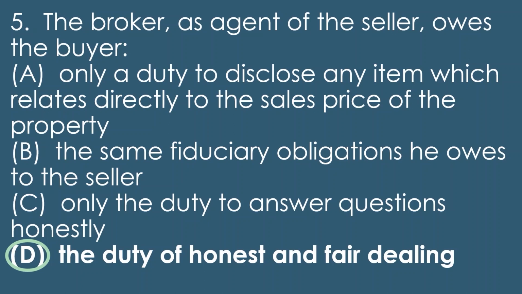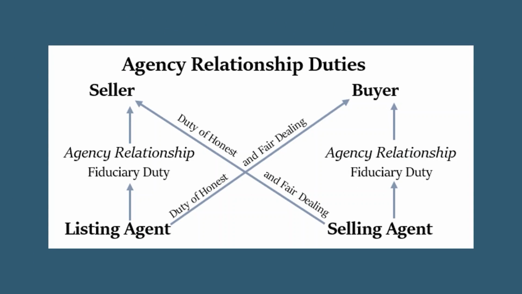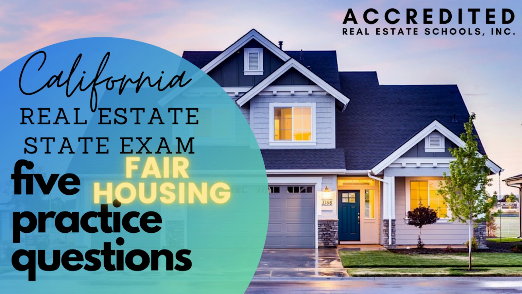Well, he does have the duty of being honest, but also of being fair and disclosing material facts. So there's more to it. "Only" is the big keyword between those answer options. Again, remember this agency relationship diagram between the agent and the principal, the fiduciary duty they would have, and then the duty of honest and fair dealing to the other third parties.